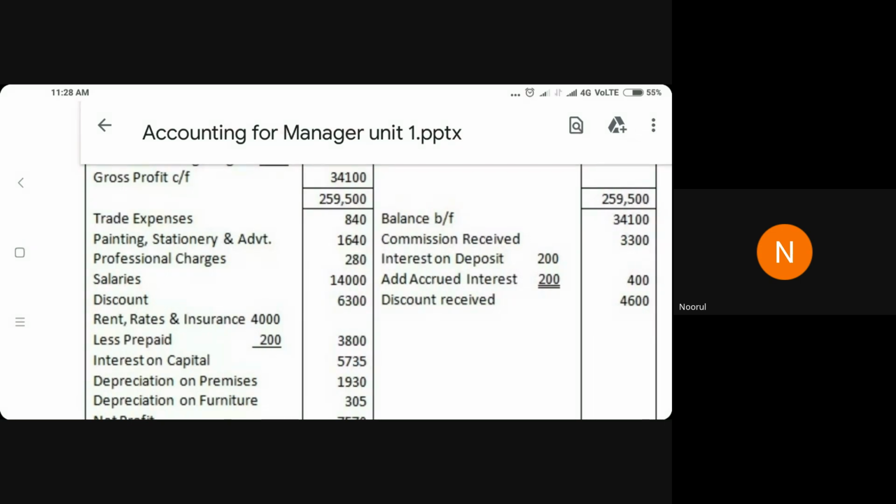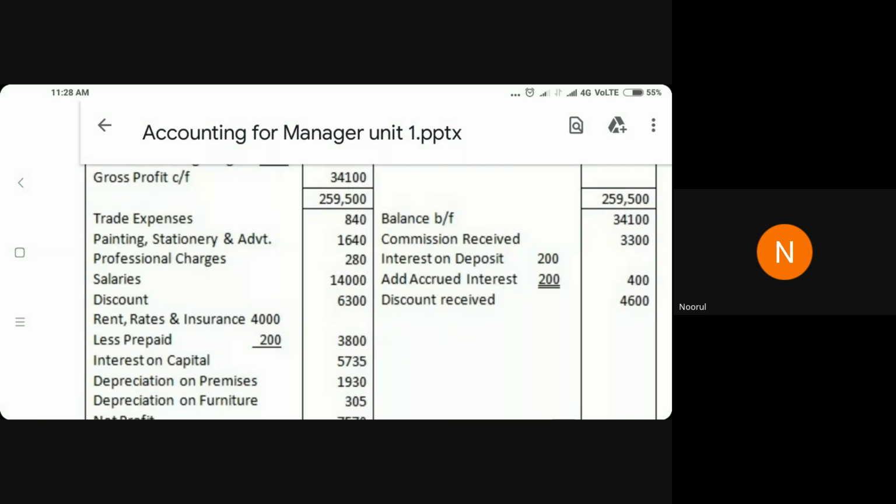Generally, insurance we used to pay by financial year, that is April to March. But if you are preparing by calendar year, 3 months of next year are included, as 1 year premium is paid. That next year's 3 months will be added in this current year. That is why it is treated as prepaid insurance. Okay, ma'am. For insurance alone, we must put it as prepaid because we have to pay in that year, right, ma'am?